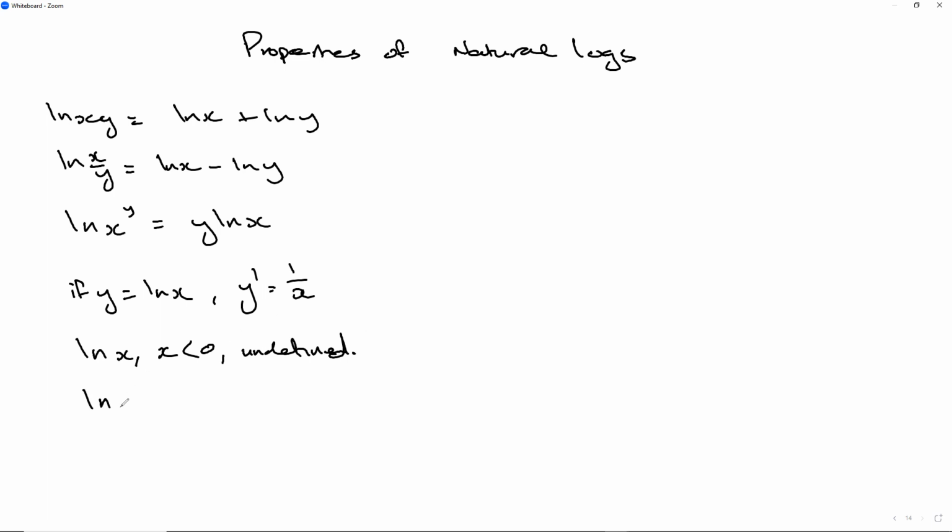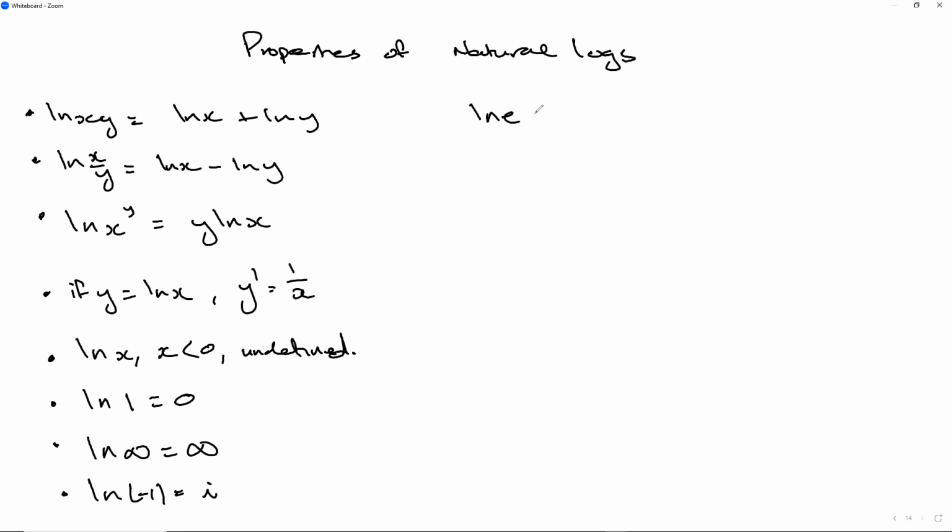We also know that ln of 1 is equal to 0, ln of infinity is equal to infinity, and ln of -1 is equal to i, which is Euler's constant. Alright, so there are some properties of logs.